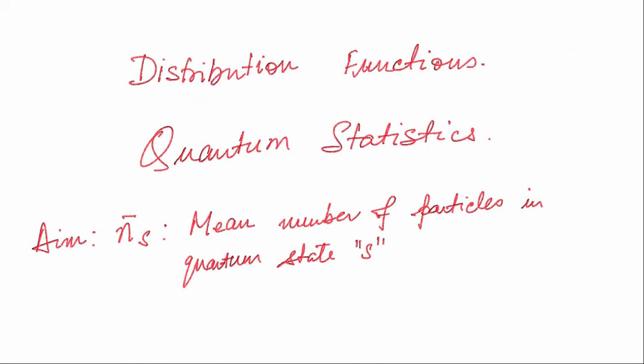The distribution function we discussed in the past was at a certain position r, in a certain volume which is small but large with respect to the number of gas molecules it contained, and it told us about the number of particles at position r which are traveling between velocity v vector and v plus dv vector at a certain point in time. So that was the distribution function classically.